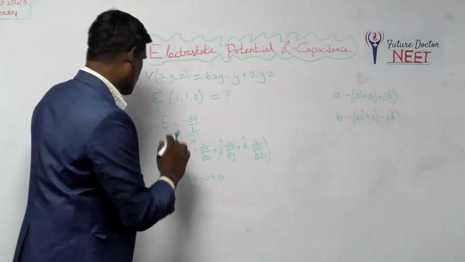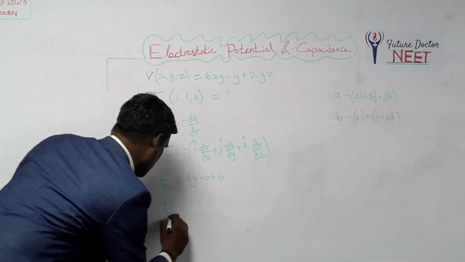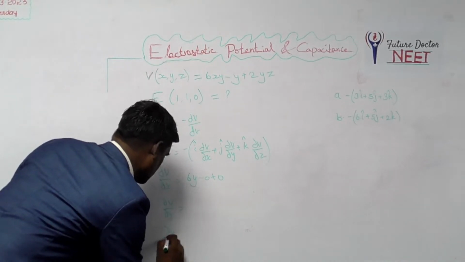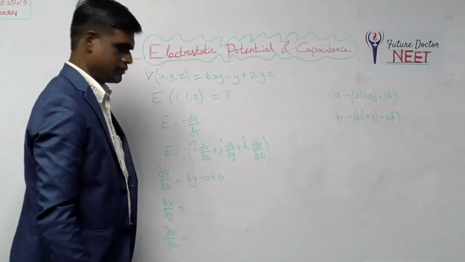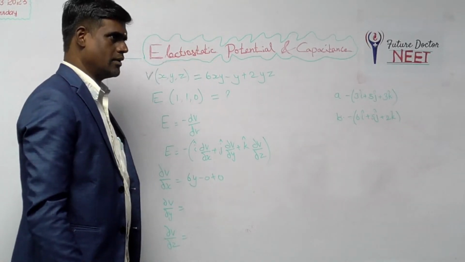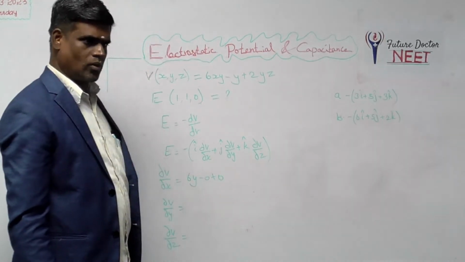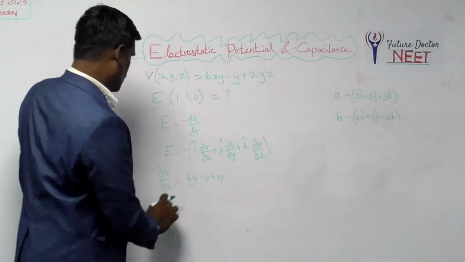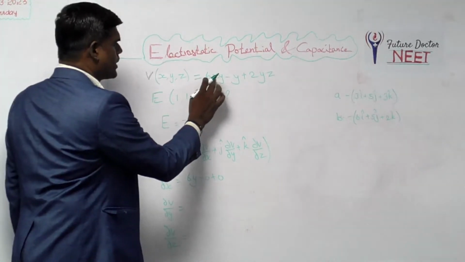Similarly, dou V by dou y. Now differentiate this. Now x is constant.